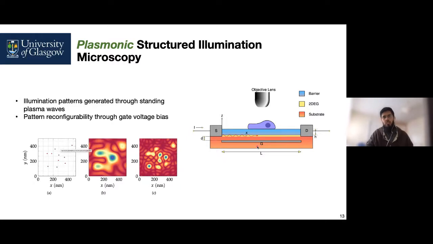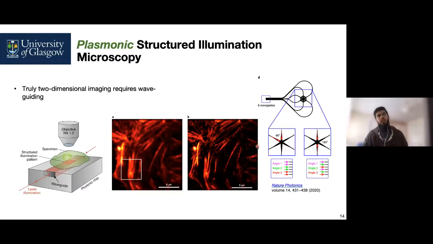So we can quickly change the gate voltage bias, which in effect creates the different illumination patterns required for structured illumination microscopy. Now, these are some practical demonstrations of plasmonic structured illumination microscopy that have been demonstrated very recently.